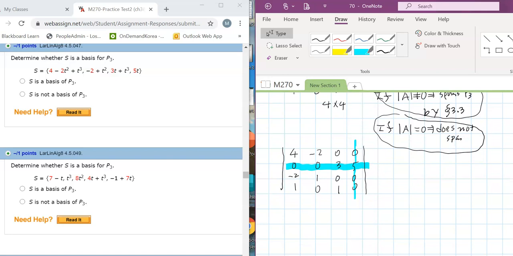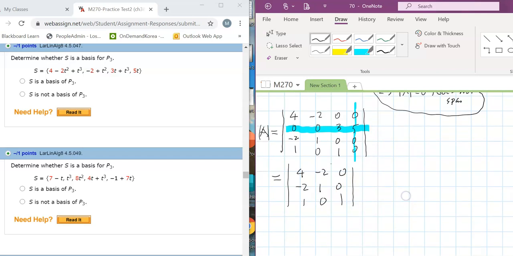So this determinant will be equal to 4, -2, 0, and then -2, 1, 0, 1, 0, 1. Okay. So now, again, I got a 0 there. So I'm going to expand about this 1. So this equals the determinant 4, -2, -2, 1.